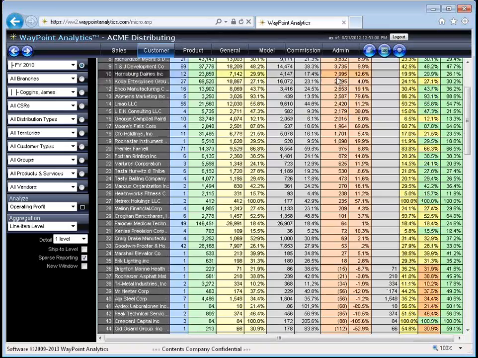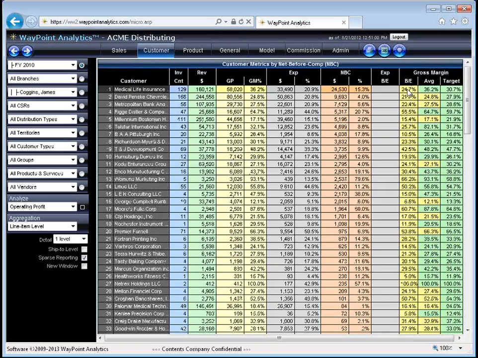We can see that by going back to the break-even column here, where if we just scan through the first few customers, these are the break-even numbers that we need for each account in order for them to be profitable: 24.7, 21.7, 22.4, 55.5, 15.4, 25.7, 10.5. In the first 7 customers alone in this guy's territory, we have a variation of between 10.5 and 55.5 in terms of the margin that we need in order to be profitable.